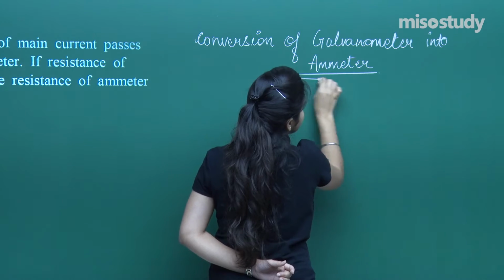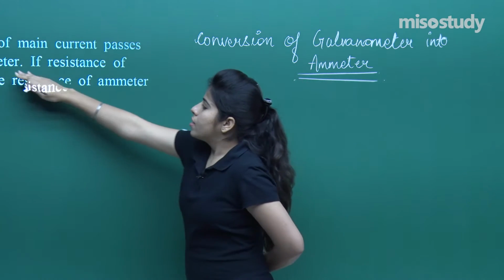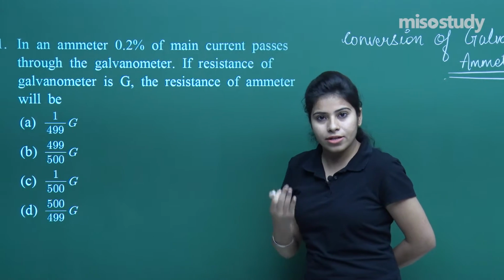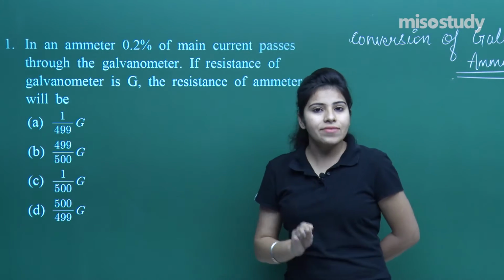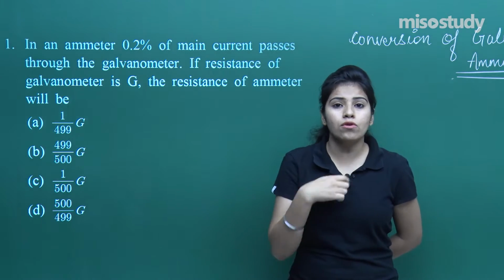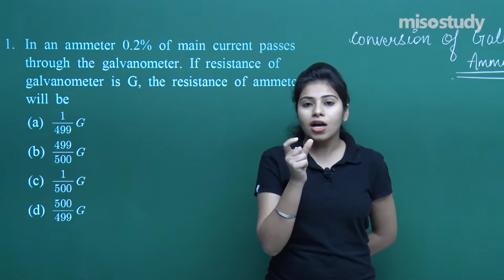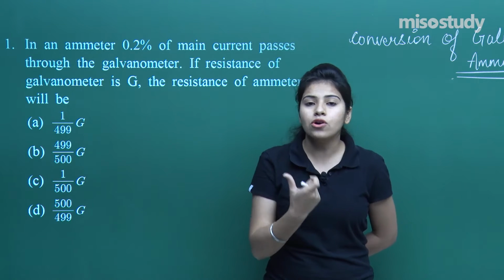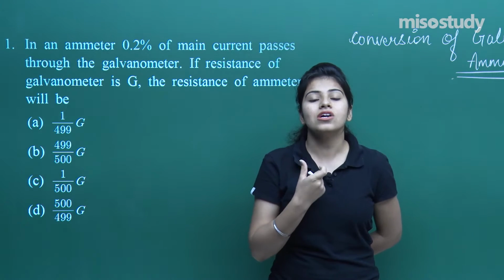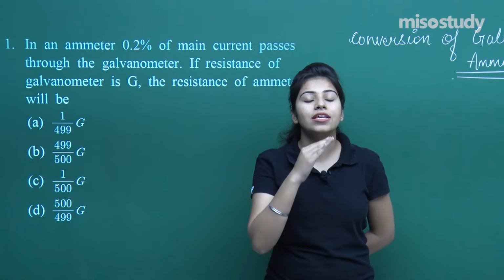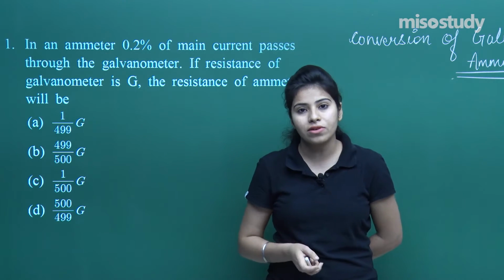In the question, you can see that this galvanometer has been converted into an ammeter. We have studied in the theory that if we want to convert a galvanometer into an ammeter, we apply a small resistance, which we call the shunt resistance. We have to apply this small resistance in parallel to the resistance of the galvanometer.